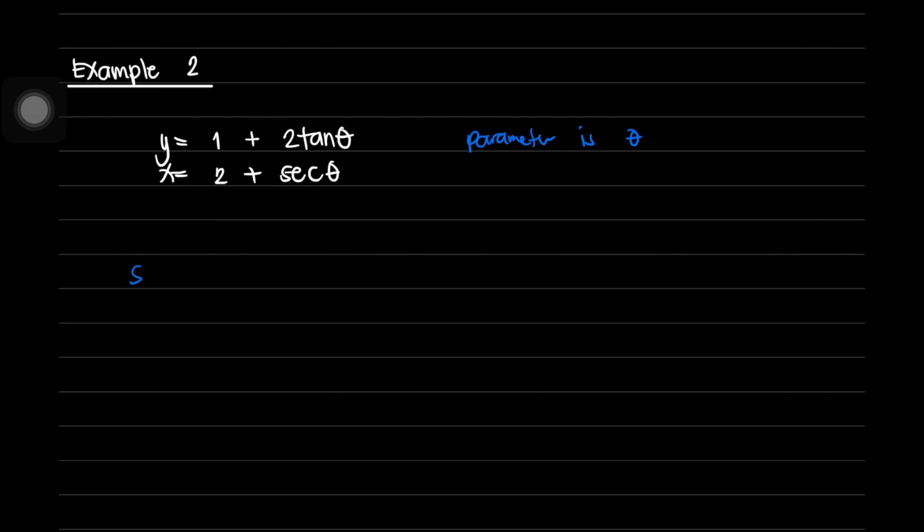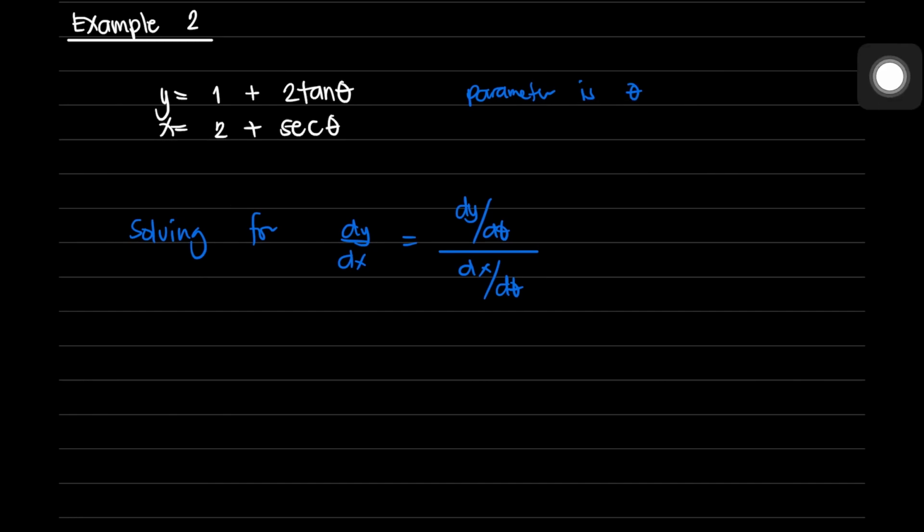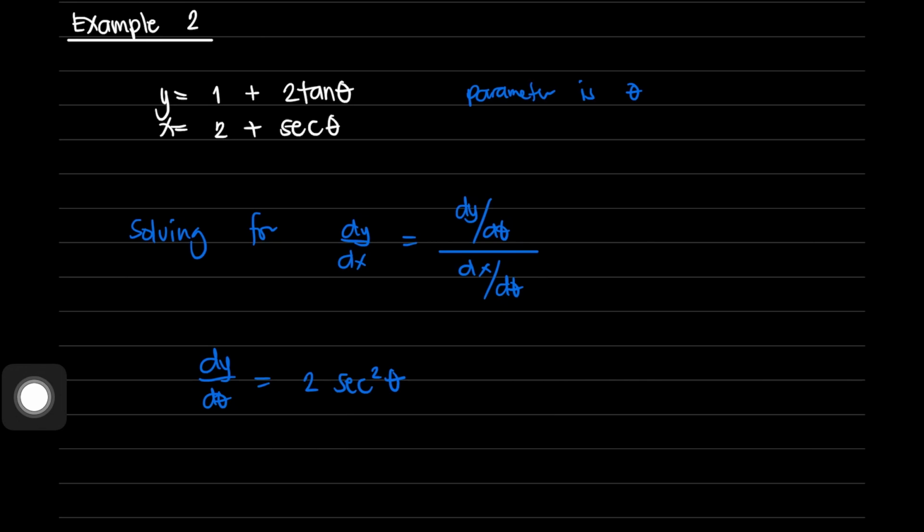So, solving for y prime or dy over dx, this is now equal to dy over d theta all over dx over d theta, since the parameter is expressed in theta. So solving for dy over d theta, that is the derivative of 1 with respect to theta, which is 0, and the derivative of 2 tangent of theta with respect to theta, which is 2 secant squared theta.